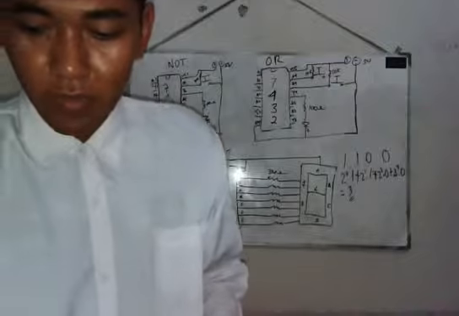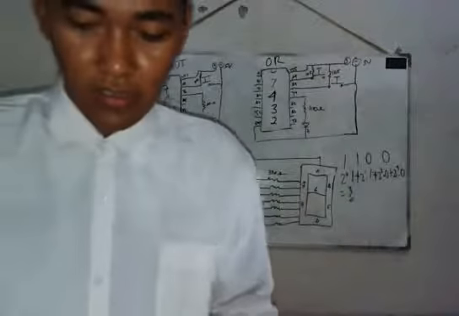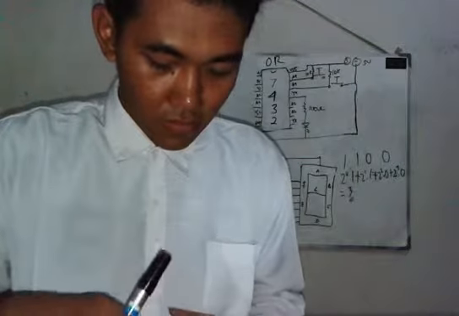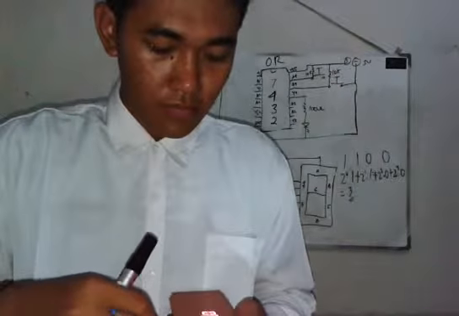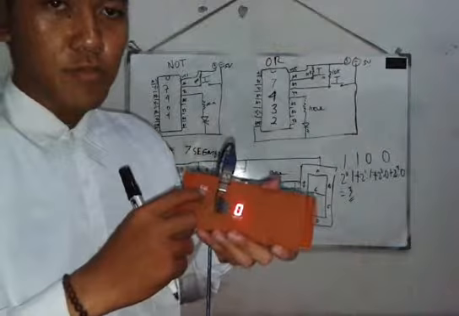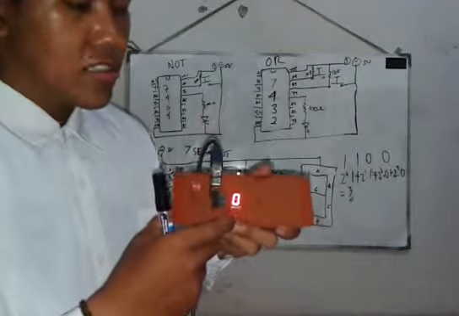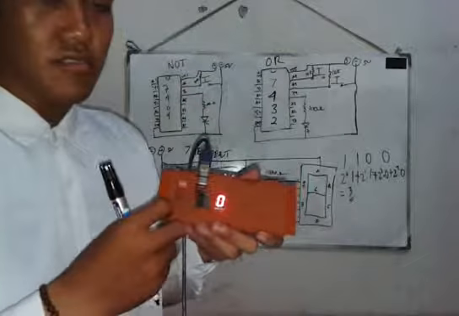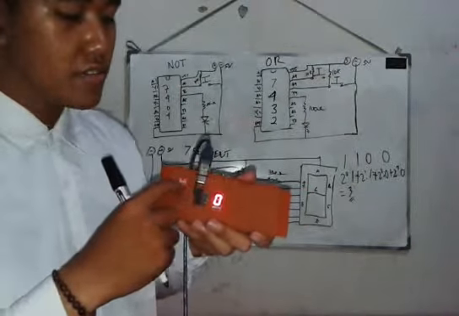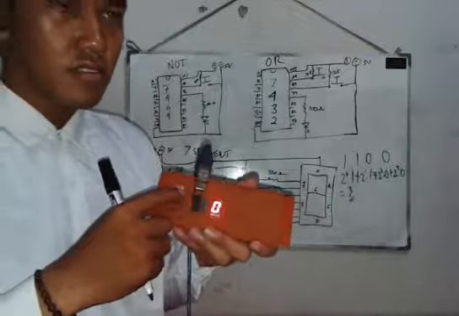So I will perform both of my circuits. If I never touch the push buttons, the 7-segment display shows 0, because the input is 0, 0, 0, and 0.